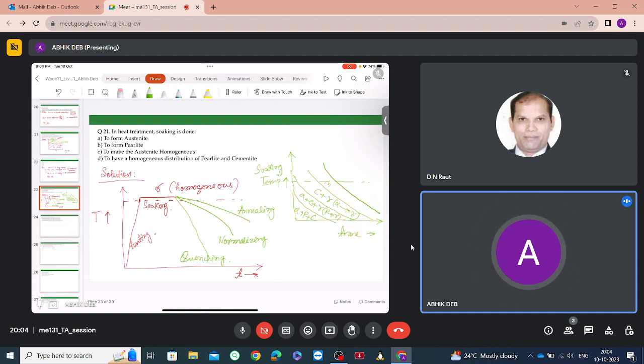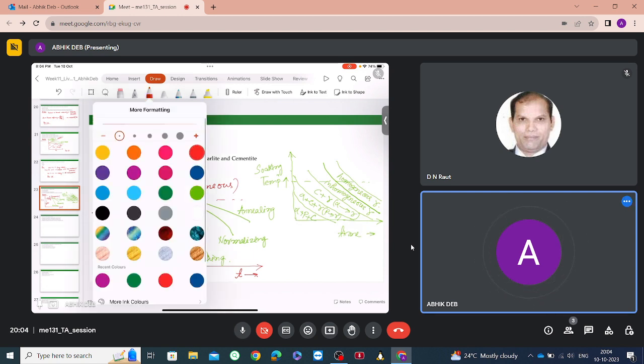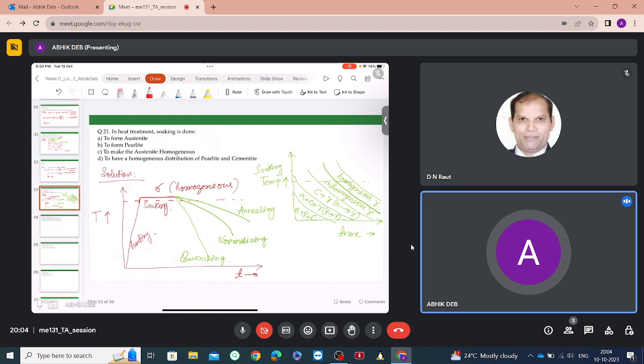Further heating and keeping it in the soaking time will result in homogeneous austenite, and homogeneous austenite is the only form from which we can start the cooling process, whether it be quenching, normalizing or annealing, so that from that homogeneous state we can get the grains. So that is why the soaking is done, to make the austenite homogeneous.